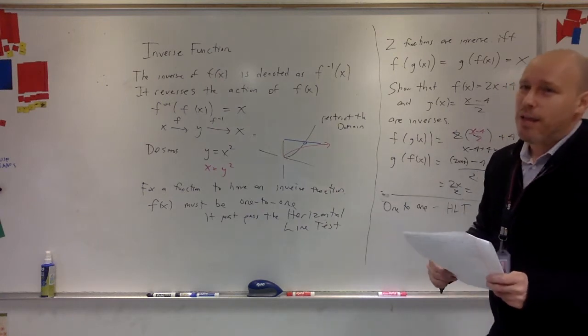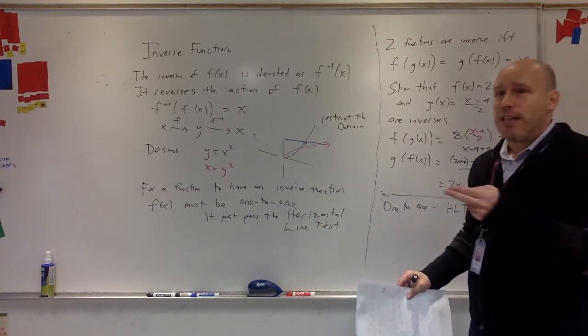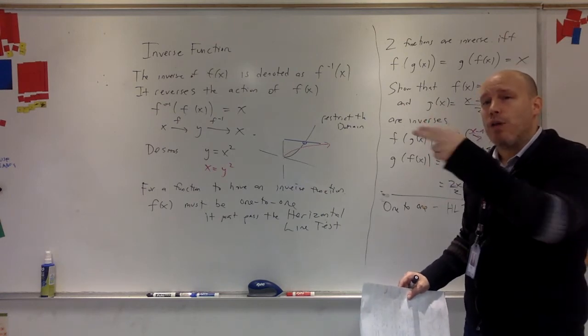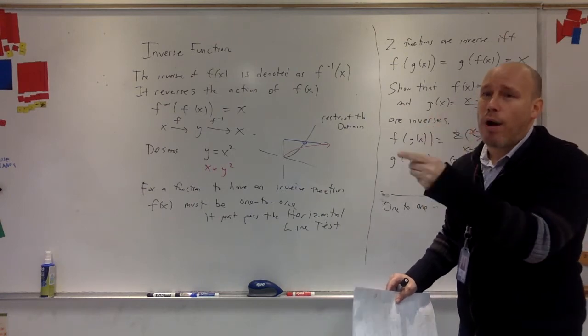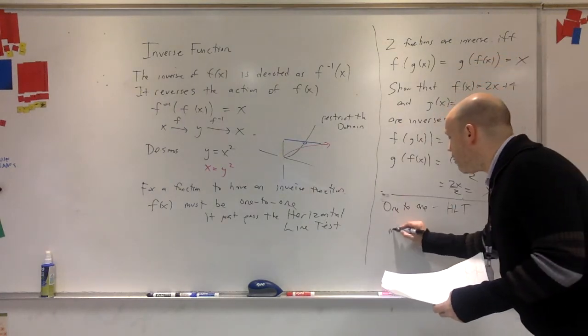If you think about this, we know that in the parabola, we can have many x values going to the same y values. But if we flip it around, that one goes to many. That's the visual problem. Once again, this is many to one.